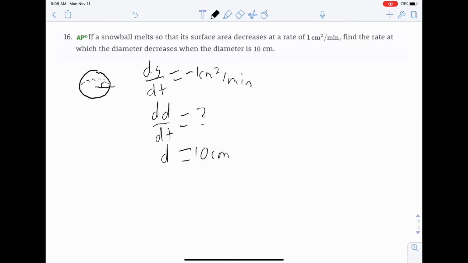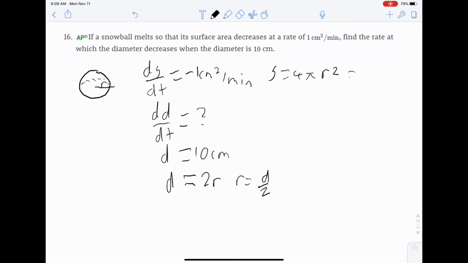So we'll go here, and the formula for surface area is S equals 4 pi r squared. Now we can make this a little simpler. Because it's asking for the diameter, we can say diameter is going to equal 2r, so r is going to equal d over 2.